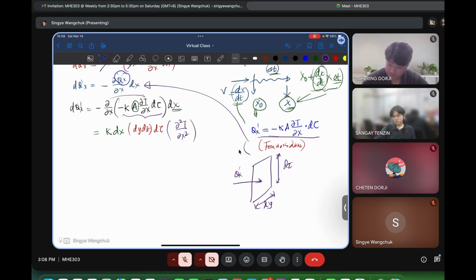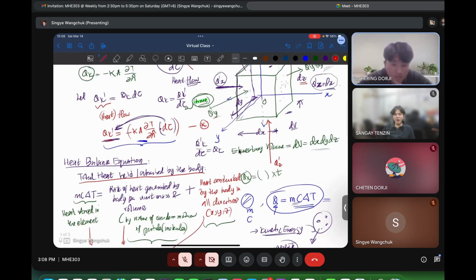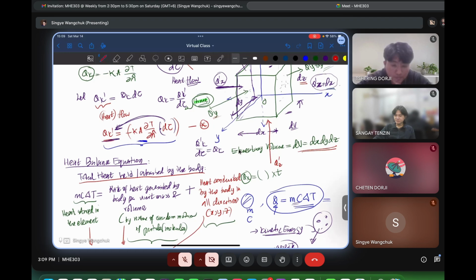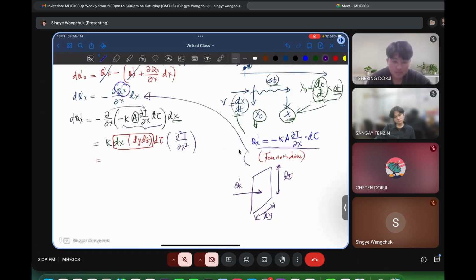What is this? This is the volume of our element. So from here, what you will get is k dV dτ d squared T by dx squared, which is our dq' x. And this is equation 1.